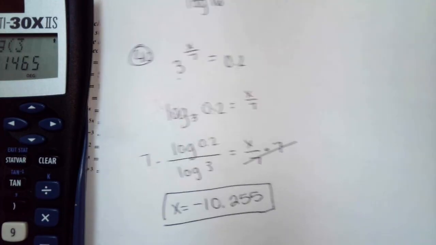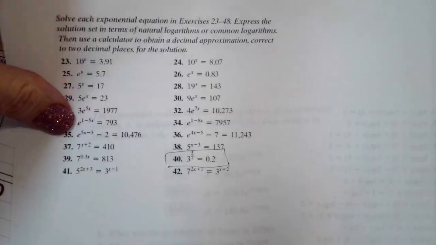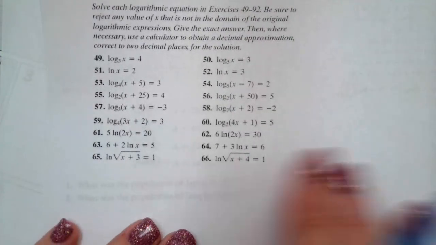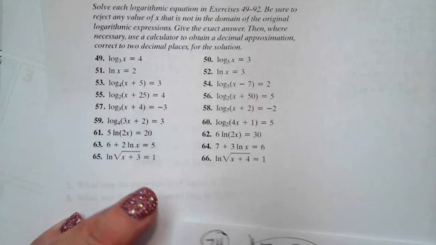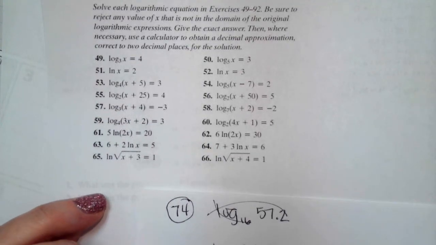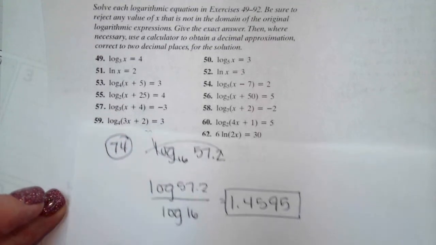Looking at 49 to 66. So 49 to 66, we are given the problem in logarithmic form and need to solve it. So that means we're going to put it into exponential form. Looking at number 58.